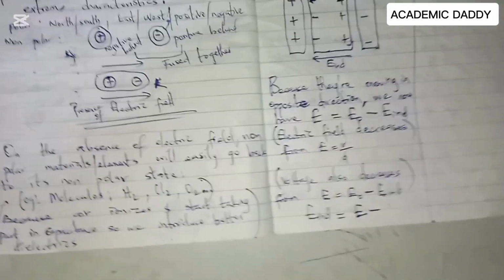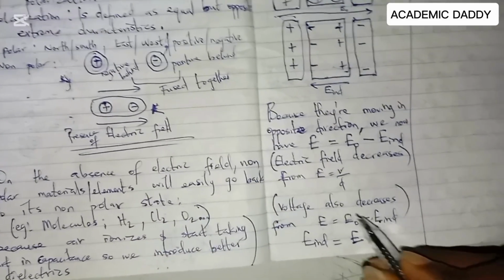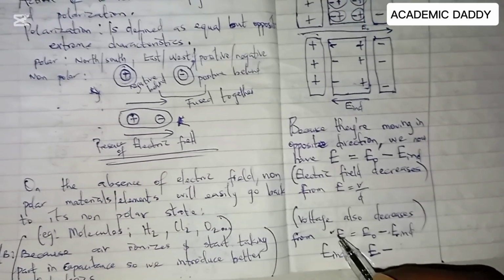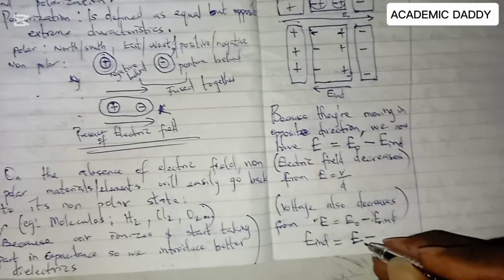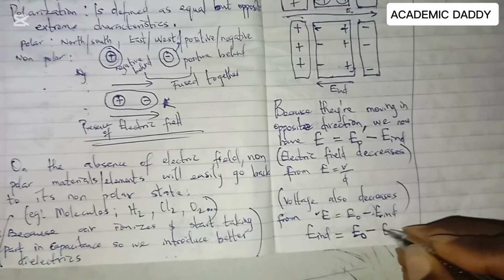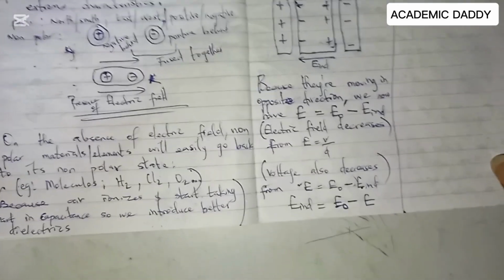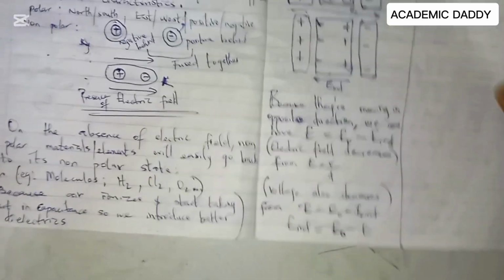Why is my mind here and not here? So if this one crosses over, it becomes positive. If this one crosses over, it becomes negative. So E naught minus E. So this is what you have for E induced.